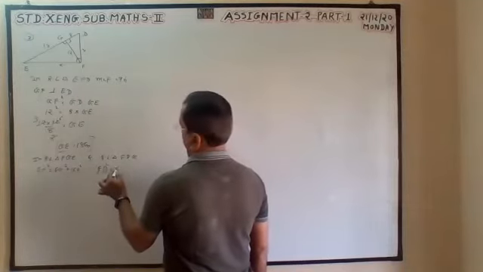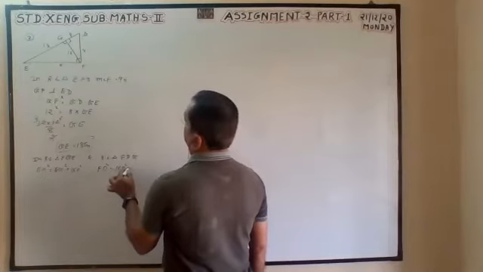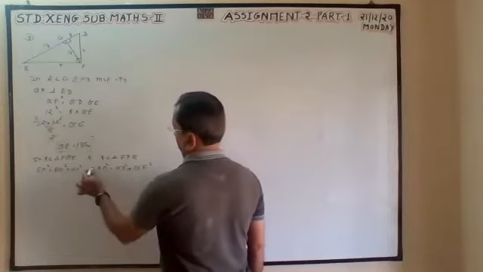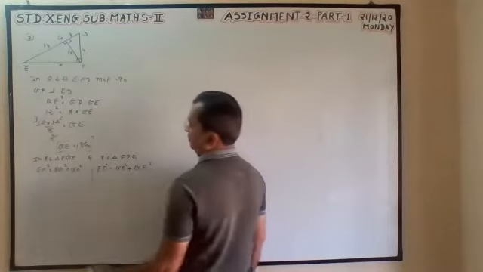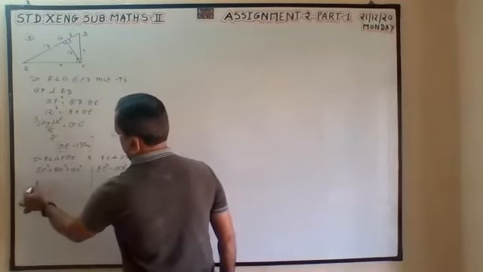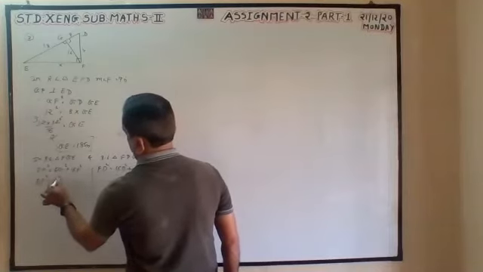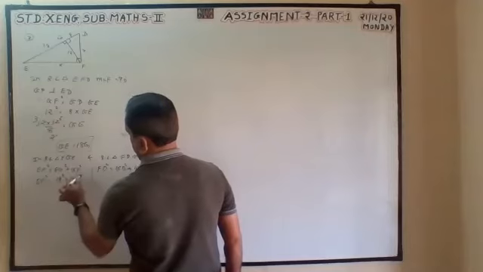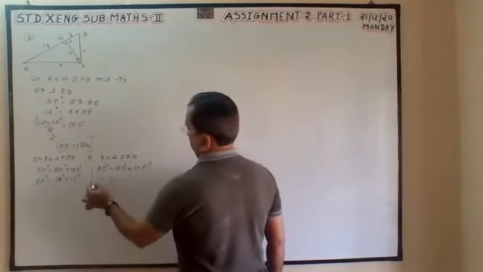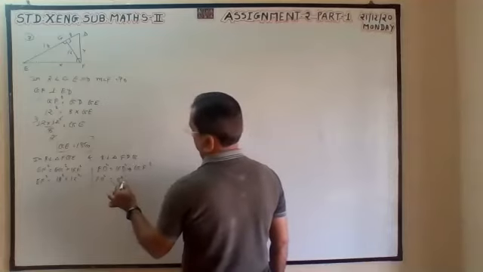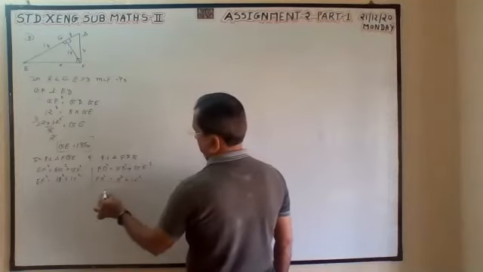FD square is equal to GD square plus GF square. By substituting, this is x square for EF. 18 square, 12 square. 8 square, 12 square.